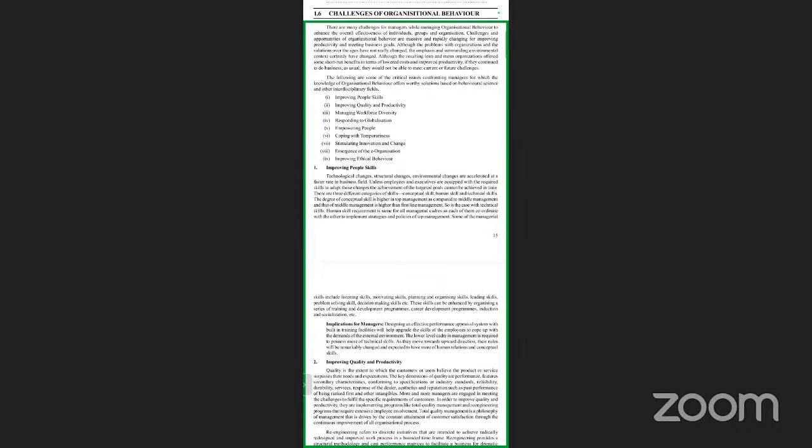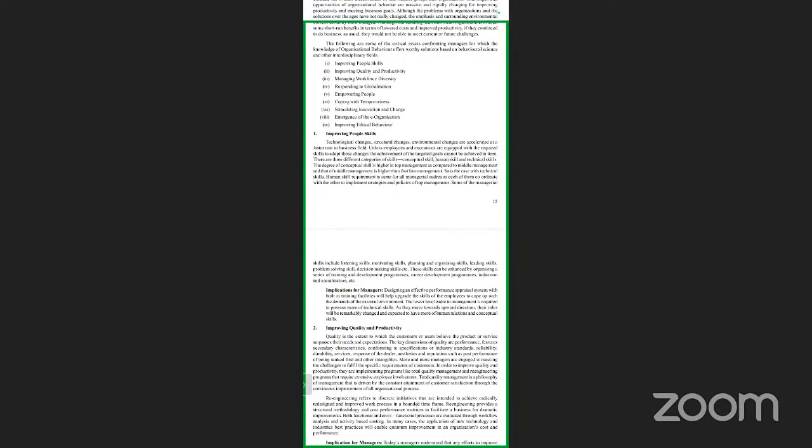See, improving people's skill, how one can improve people's skill. Technical skills, suppose, and human skill and conceptual skills. For this, technical trainings can be provided, organized by the organization. Thereby, attending those will give them some points which will enable them to improve the skills.